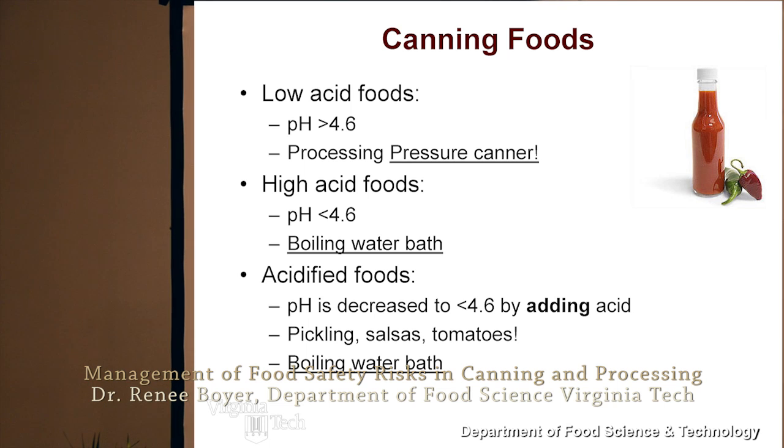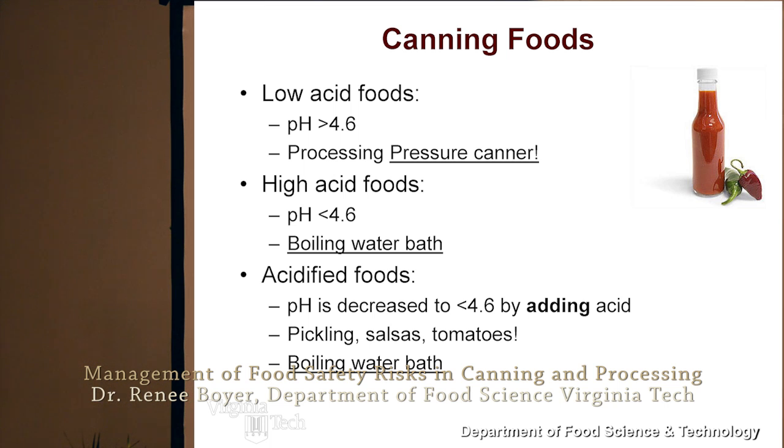Pickling, you're adding vinegar to the cucumbers, so you're acidifying. It depends on how you do that fermentation process. But getting back to pepper jelly or salsas, where you're combining a low acid and a high acid, those are considered acidified foods. So you can still use the boiling water bath with that? Yes, exactly.